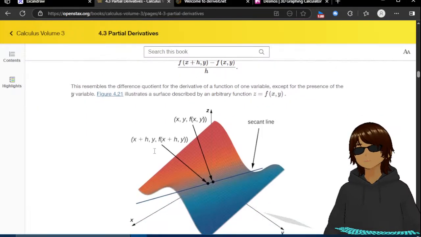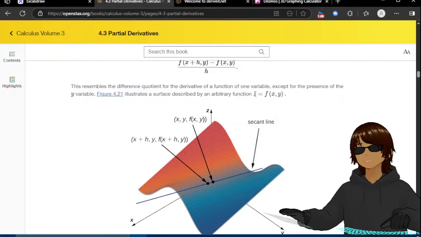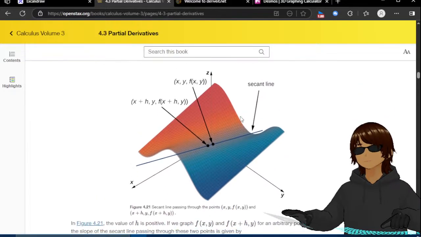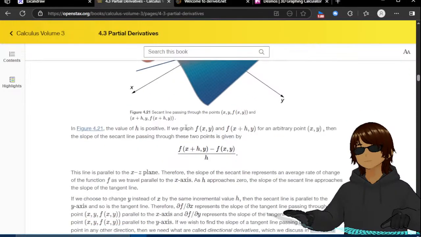Figure 4.21 illustrates a surface described by an arbitrary function z equals f of xy. In figure 4.21, the value of h is positive if we graph f of xy and f of x plus h, y for an arbitrary point xy. Then the slope of the secant line passing through these points is given by this.